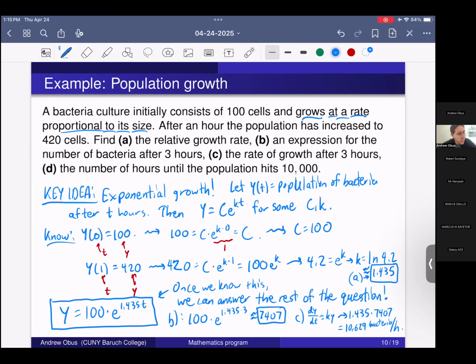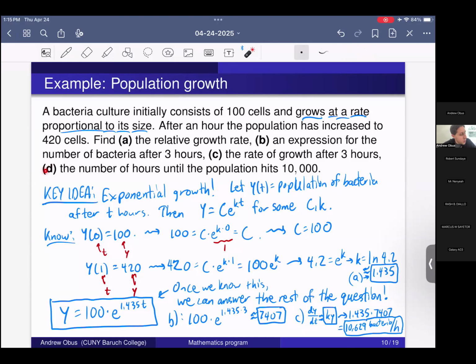Sorry that the writing got a little bit small, but that's the answer for C. Because the rate of growth is exactly this ky. That's what's equal to dy dt, which is the rate of growth. So the rate of growth is going to be the amount of bacteria times this constant k. So that's 7,407 times 1.435.